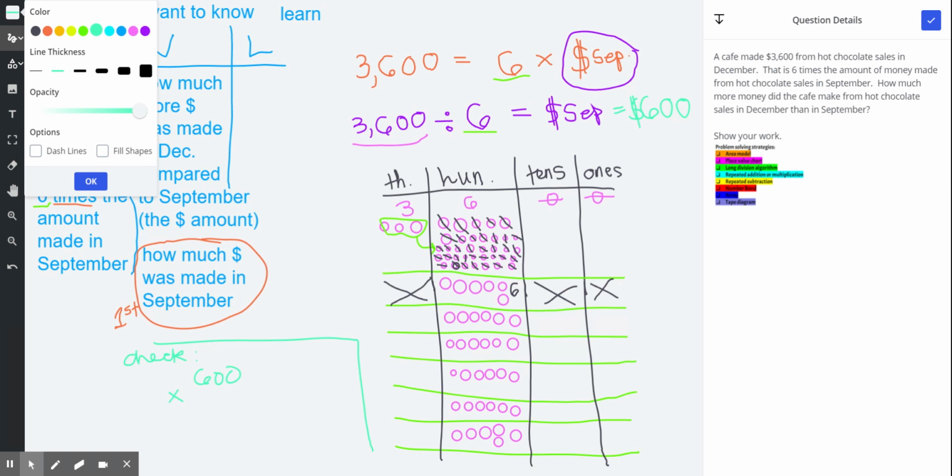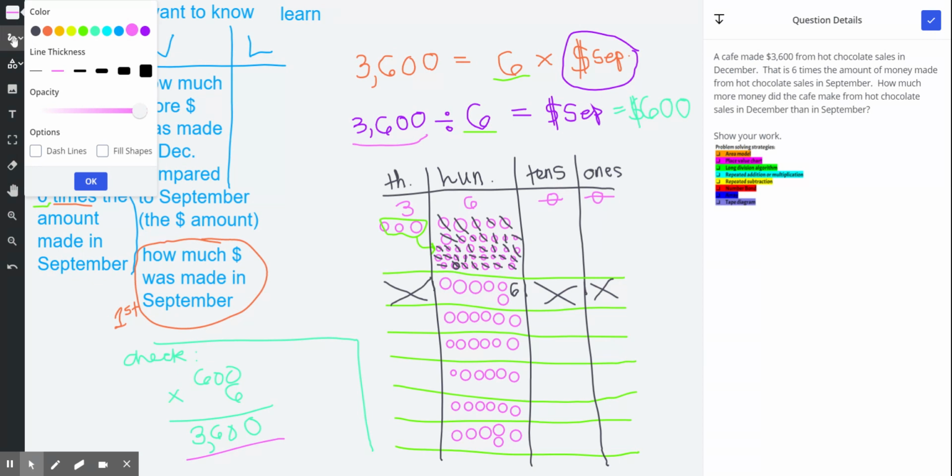So 6 times 0 in my ones gives me 0 ones. 6 times 0 in my tens gives me 0 tens. And 6 times 6 is 36, right? That number might look a little familiar, and that's because it's our dividend, which means we know we found the correct answer.